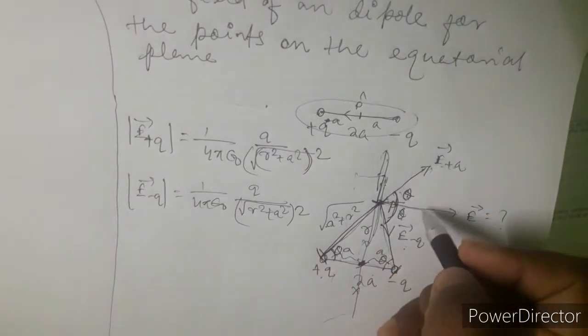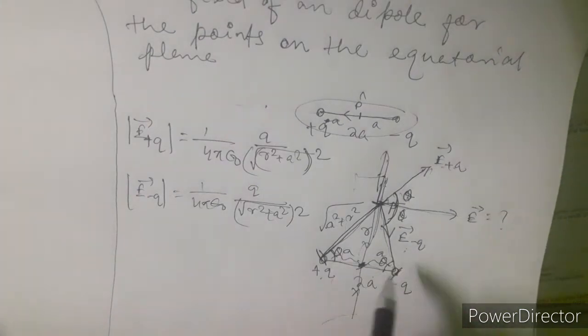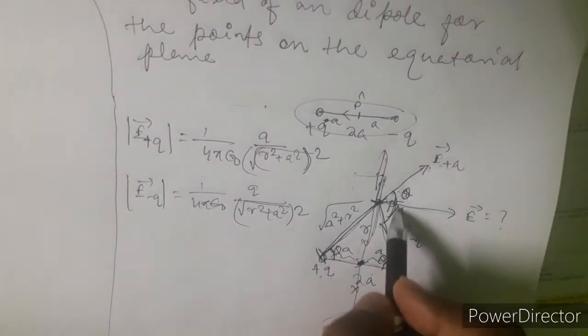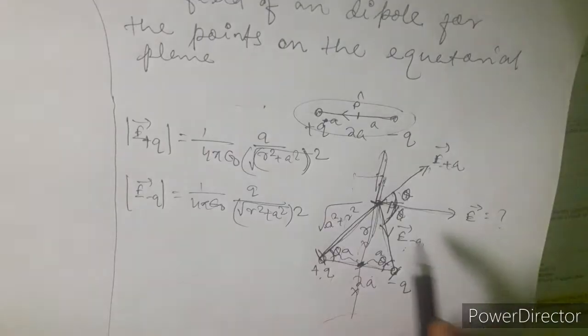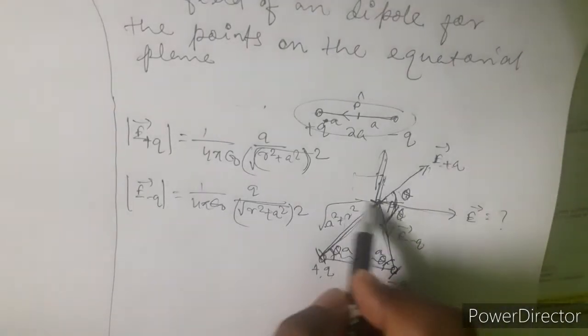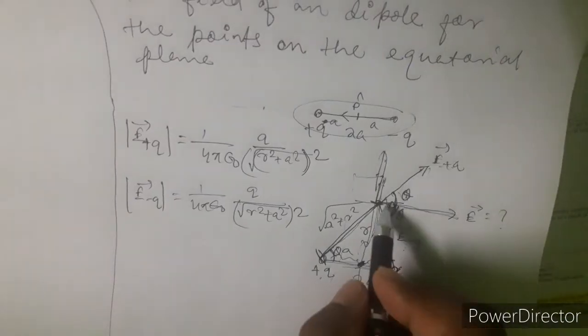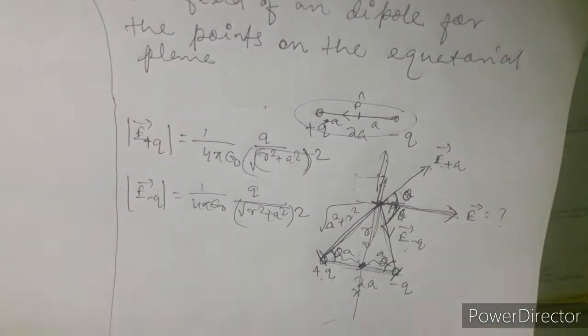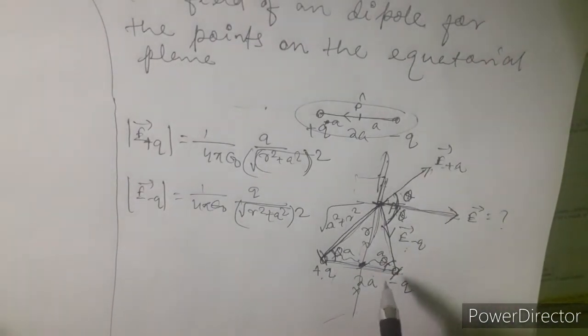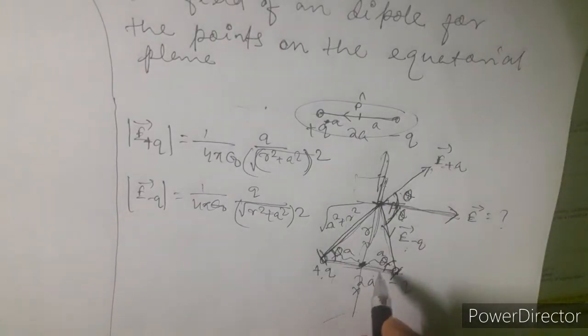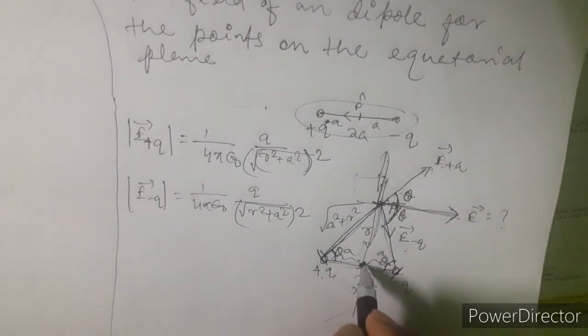As it becomes theta and theta, we can say this angle and this angle are alternate interior angles. So as two alternate interior angles are equal, E must be parallel to the base. Okay, and E is towards the right, but what is the direction of the dipole?